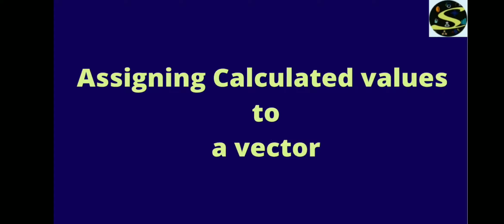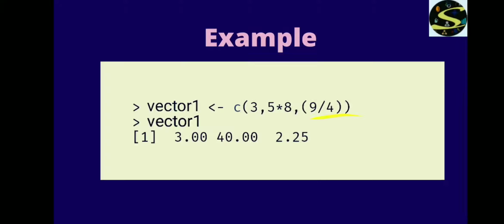R language provides us the functionality to dynamically calculate values and assign them to vectors. Here's an example. In this example, we can observe that the second element of the vector is 5 multiplied by 8 and the third element of the vector is 9 divided by 4.